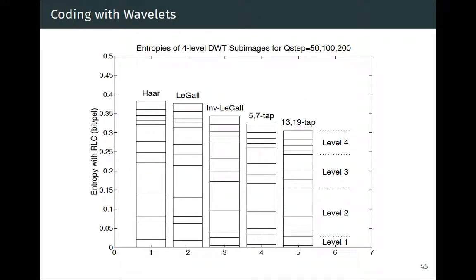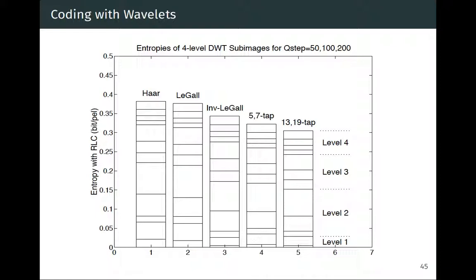So we compared for a particular level of compression, for a particular Q step, we compared the different wavelets, or we can even compare to DCT and so on. But usually that only tells a story for a particular value of the quantization, okay? So if you apply a Q step of 50 on the DCT, maybe it looks good, but because everything is scaled differently, maybe the same Q step of 50 on the wavelet transform will give you poor results.